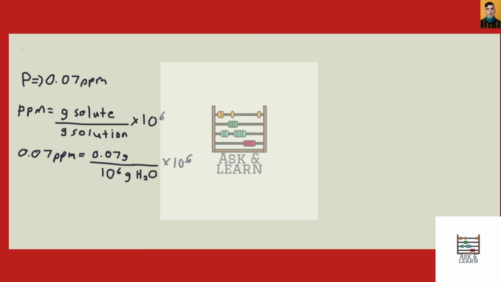So let's convert phosphorus to moles. 0.07 grams times the molecular weight of phosphorus, that is 31 grams per mole, so 1 mole over 31 grams.